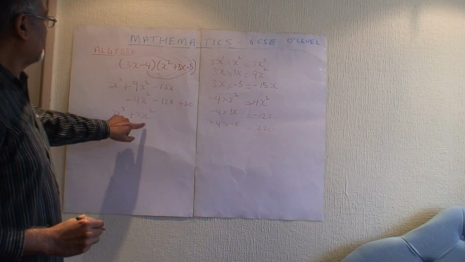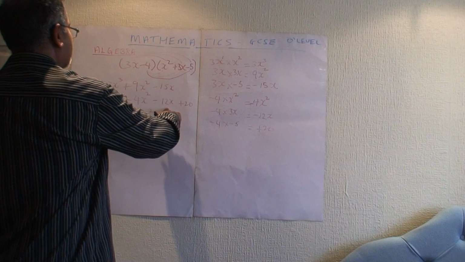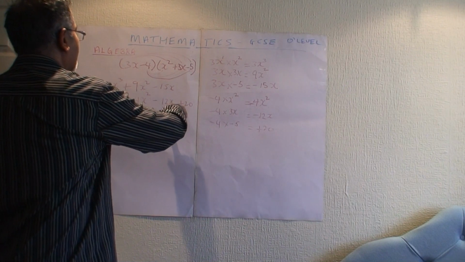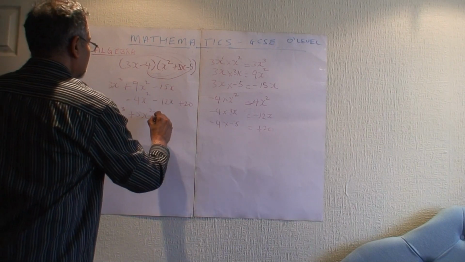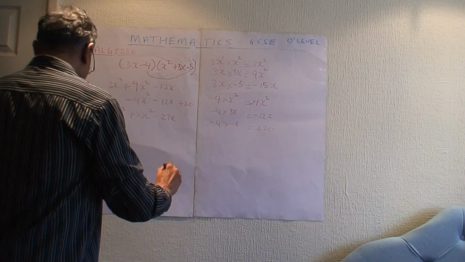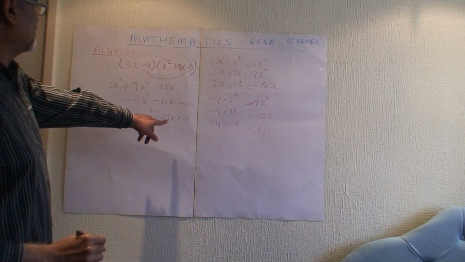We have negative 15x and negative 12x, so you add the negatives. That's negative 27x, plus 12.